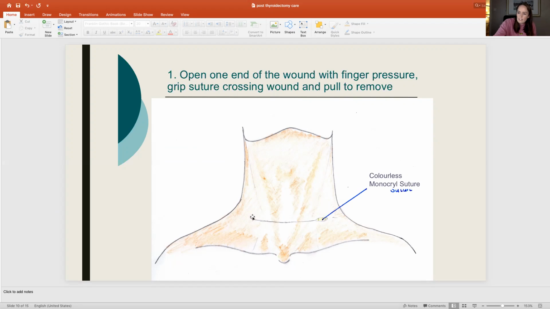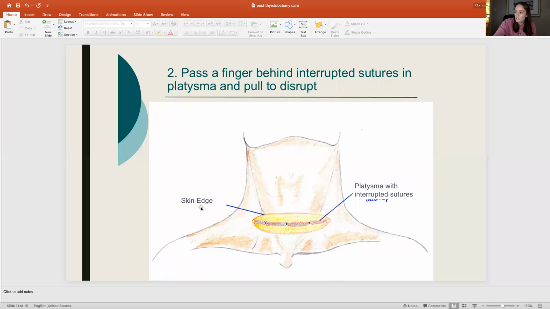If you get a finger in there, a knife in there, carefully, scissors, a suture cutter, please put the instrument inside the initial part of the neck and open the skin. Once you've done that, you'll have your platysma, the thin sheet of muscle, and that will have interrupted sutures in it. Again, cut through them, pull them open. They're not going to be strong, they're only going to be thin.